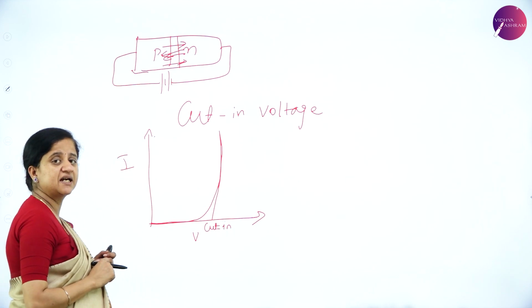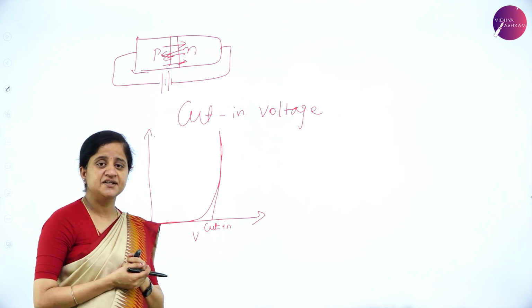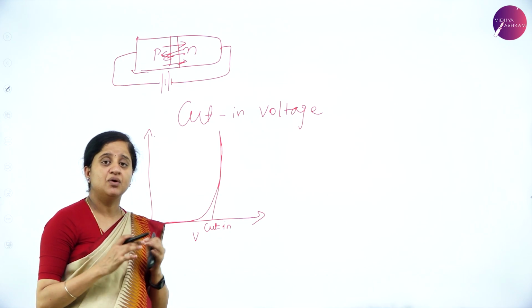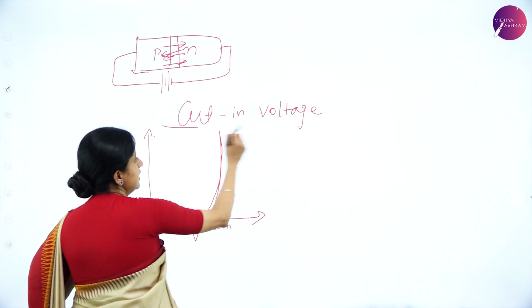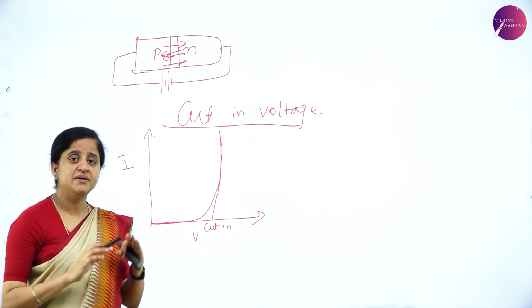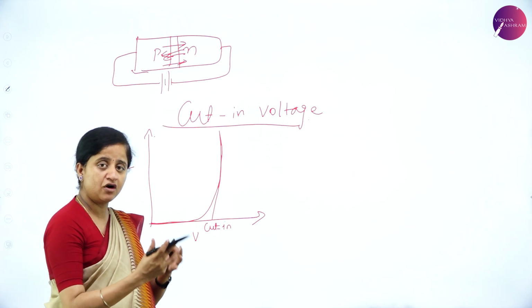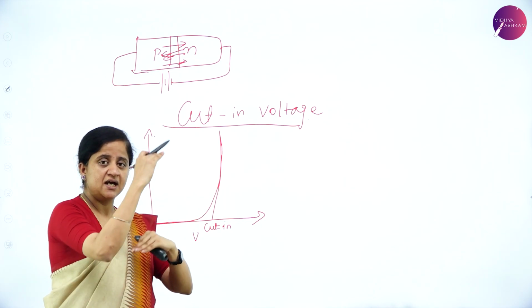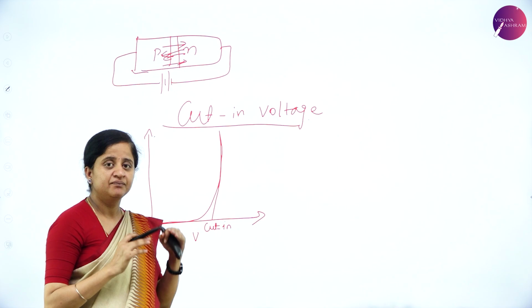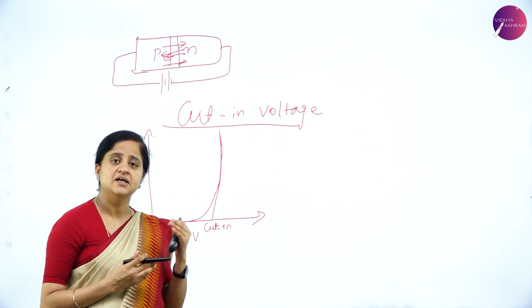So this is the graphical representation of a semiconductor diode in forward bias condition. What is the reason for this rapid increase in current? It happens when the applied voltage and the cut-in voltage become equal. When the depletion region width decreases, the height of the barrier potential decreases and the charges can cross the junction easily.